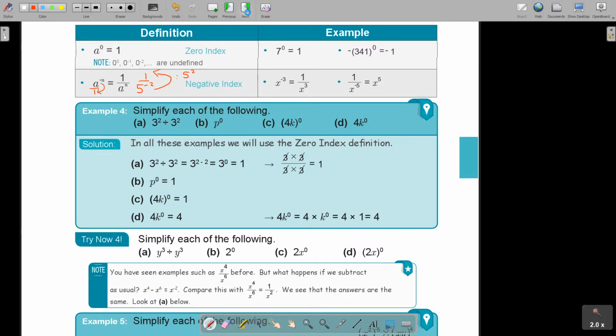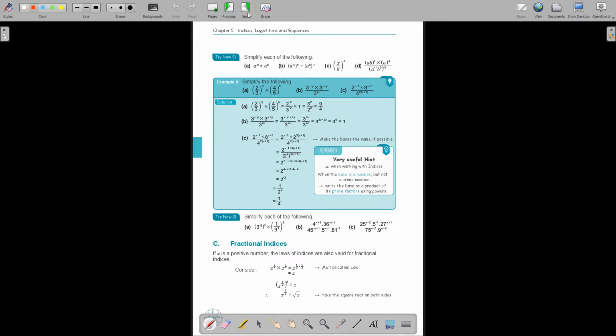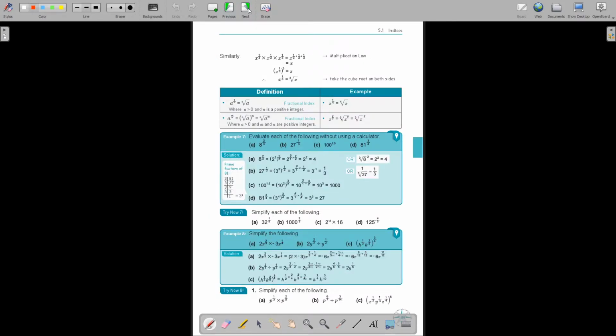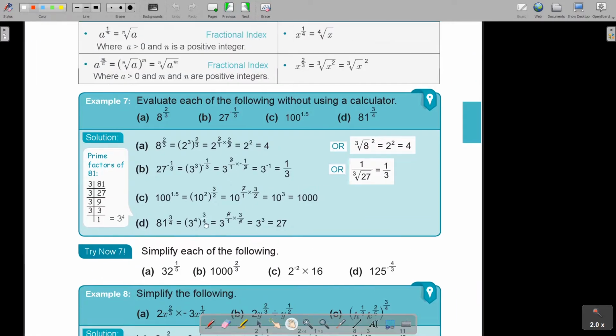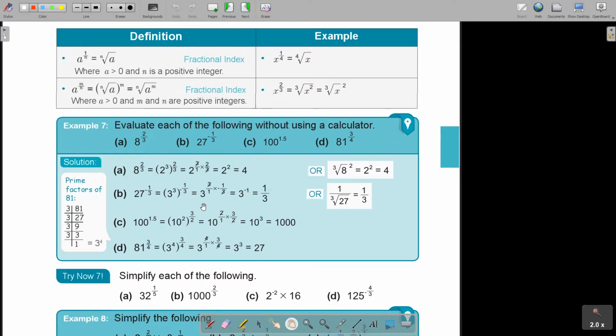Let me show you the next rule, the last one. This is fractional. What do I do to change a fractional index to a root? Just remember it like this.